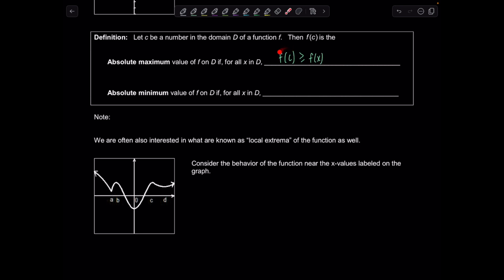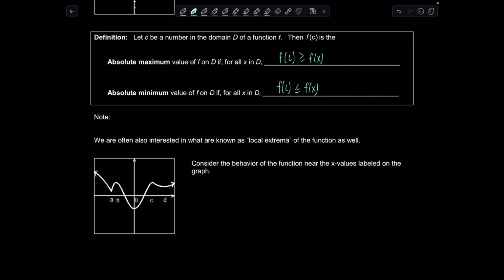So it's the largest y value, or you could have others that are equal to it, but nothing larger than it in the domain of a function. The largest function value. That's the absolute max. And then similarly, we say f of c is the absolute minimum value of f on D if for all x in D, f of c is less than or equal to f of x, okay?